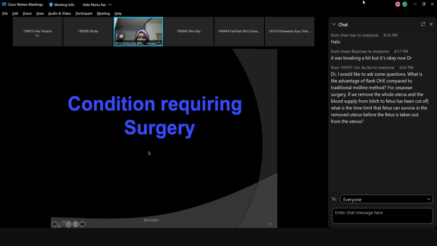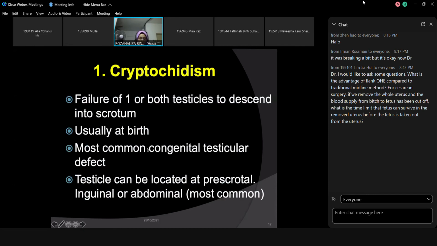Now, the conditions requiring surgery. It's not common nowadays, but once in a while you will encounter cryptorchidism. It's very important that if an owner brings a male dog or cat to you for castration, you perform a proper PE and really feel for the testicles in the scrotum.